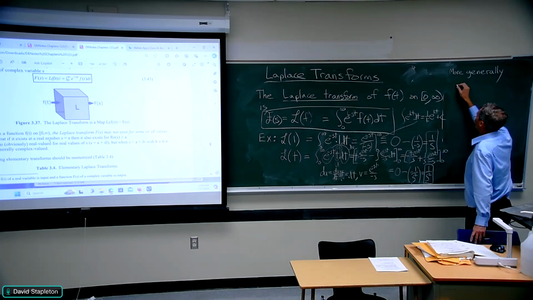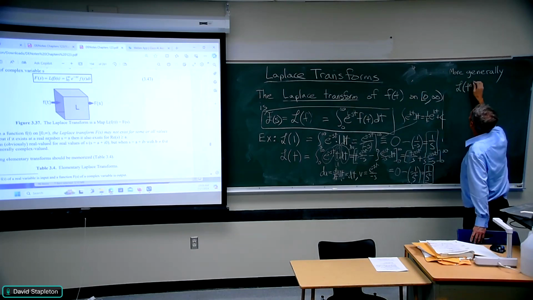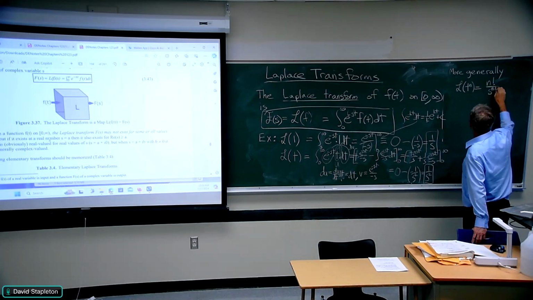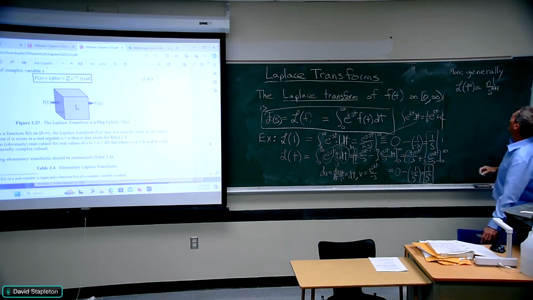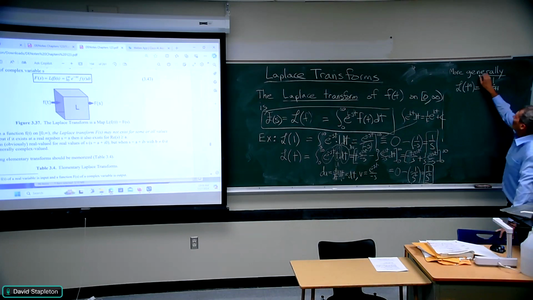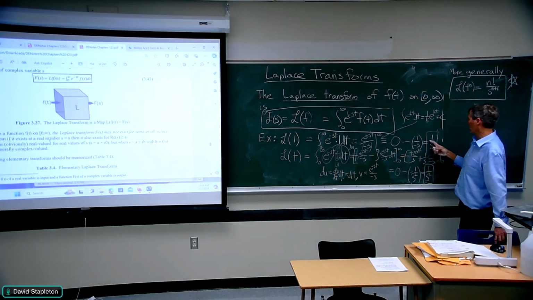And more generally, the Laplace transform of t to the n is equal to n factorial over s to the n plus 1. And so those are 2 special cases of it. I'd like you to memorize this one and also this one. This is a special case of the other, but sometimes that's not obvious.